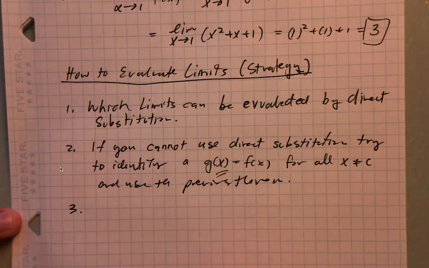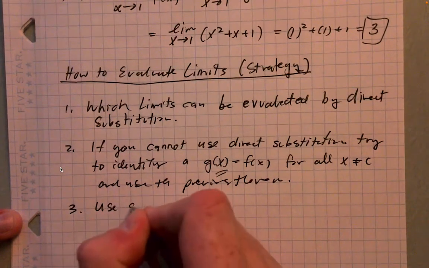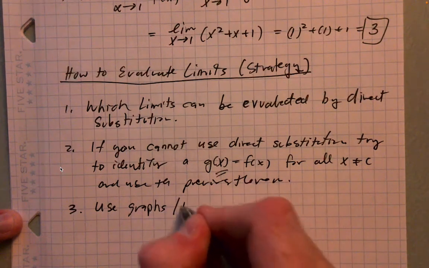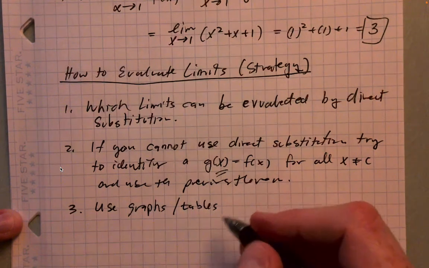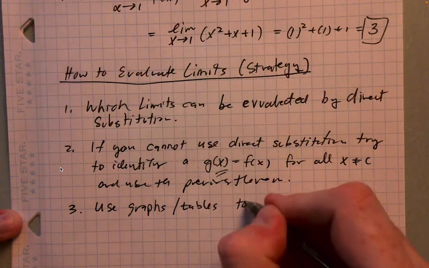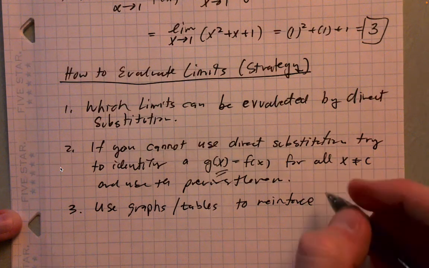And then the third strategy would be, if none of these things work, you could use graphs or visualizations or tables of values to identify the limit numerically. Use graphs or tables to reinforce or aid your intuition.